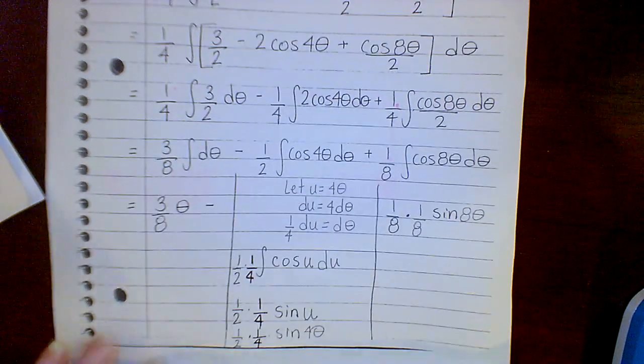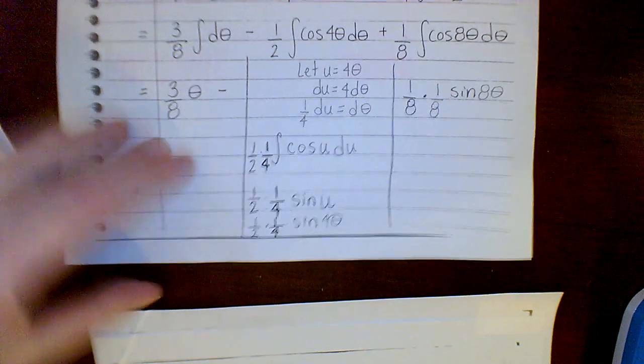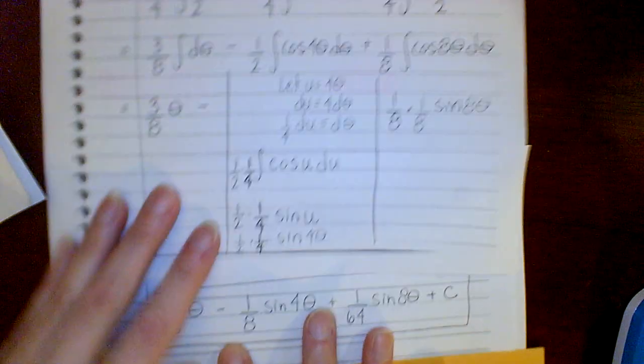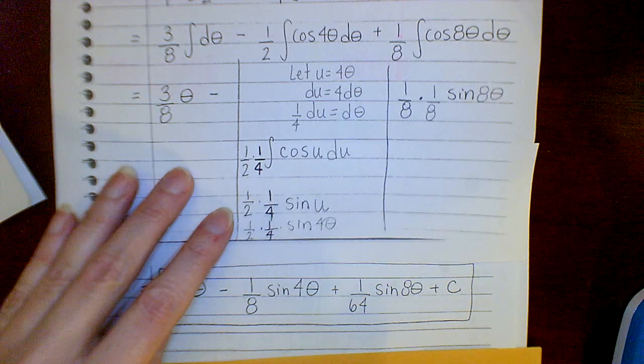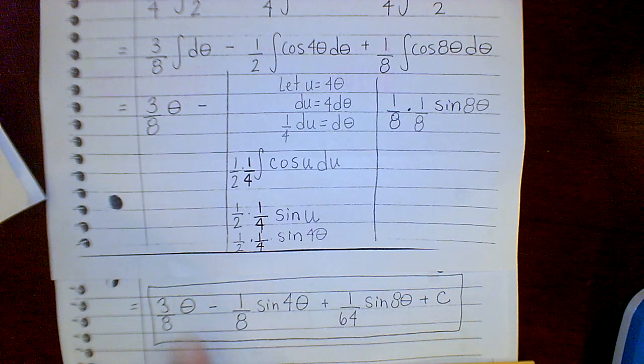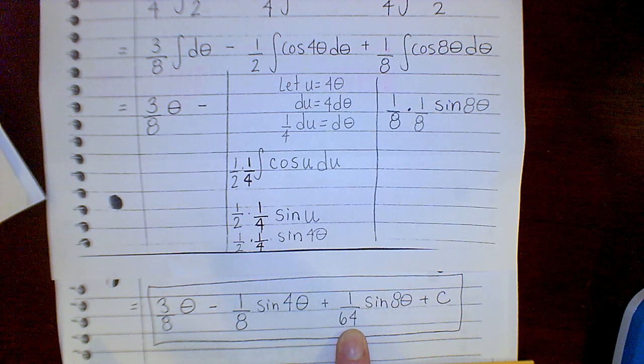So that gives us a final integral here of 3/8 theta minus 1/8 sine 4 theta plus 1/64 sine 8 theta plus C.